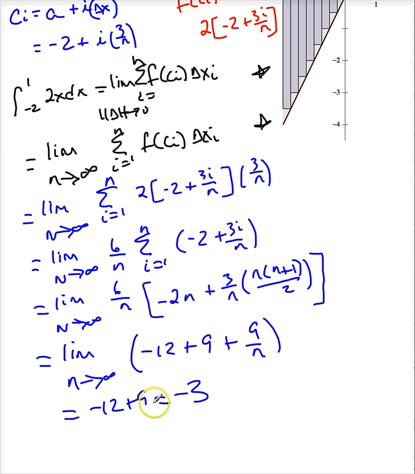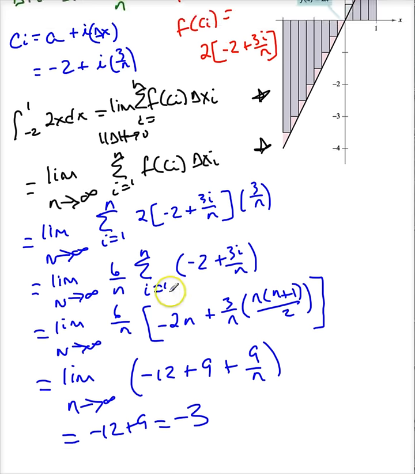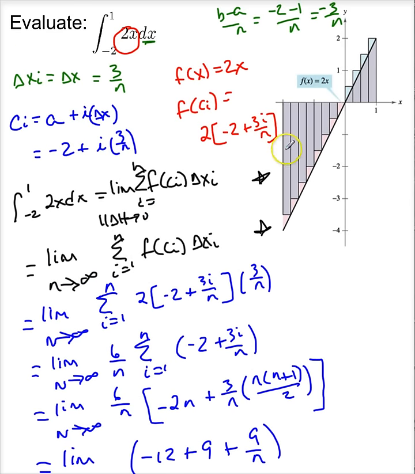Now, the definite integral does not have to be positive. If we come up here and find the area of this triangle, it will be negative. The area of a triangle is 1/2 base times height.